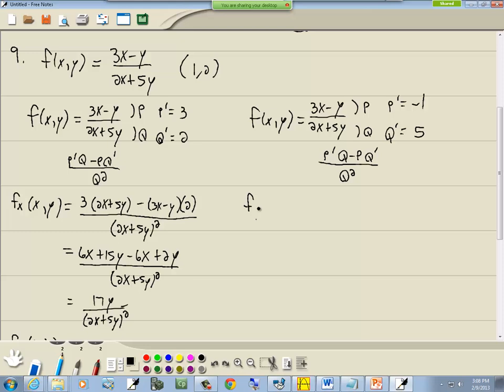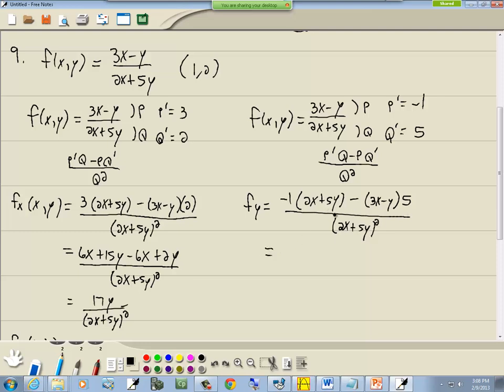So the partial with respect to y: p prime was negative 1 times q, which was 2x plus 5y, minus p, which was 3x minus y, times q prime, which was 5, over 2x plus 5y squared.